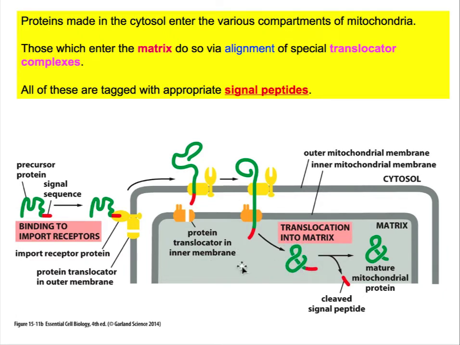And in some cases, it may need a chaperone to help achieve that end result. The final thing to note here is that the signal sequence is cleaved off the mature protein because its function has been completed and is no longer needed in this particular scenario.